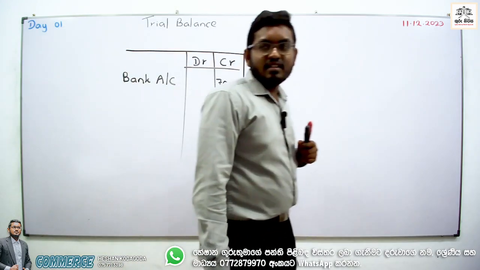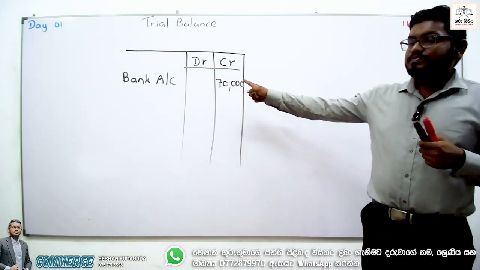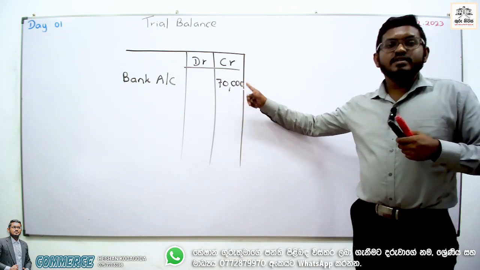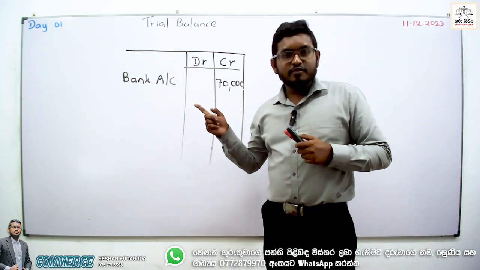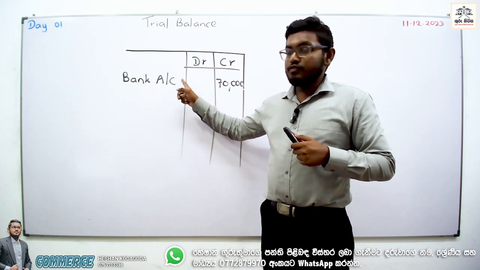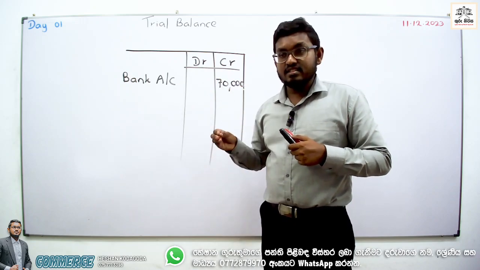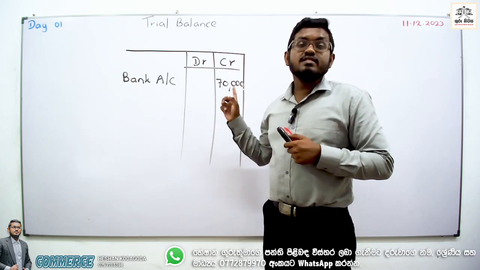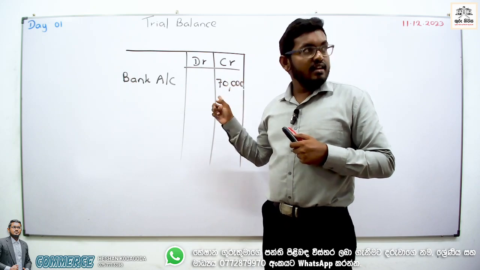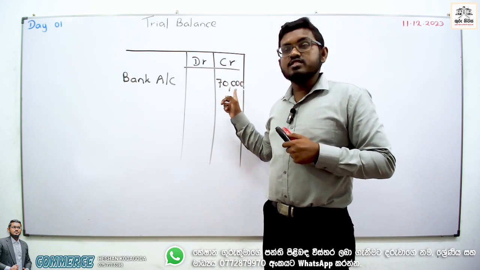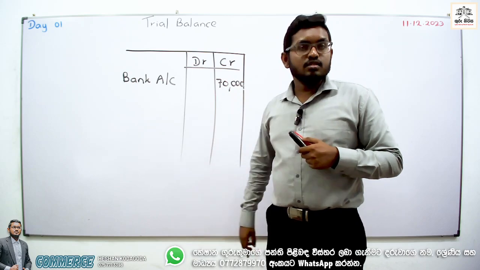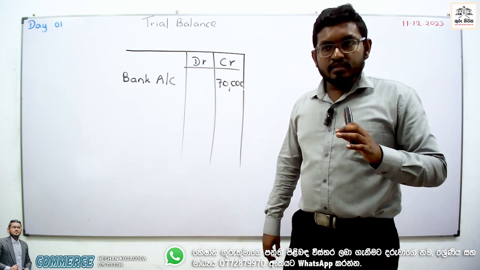Unfavorable balance. Why? The balance brought forward is on the credit side, which means this is an overdraft. So you can't identify this bank account as an asset. This is a liability to the business. Understand? Why? BBF is on which side? Credit side.